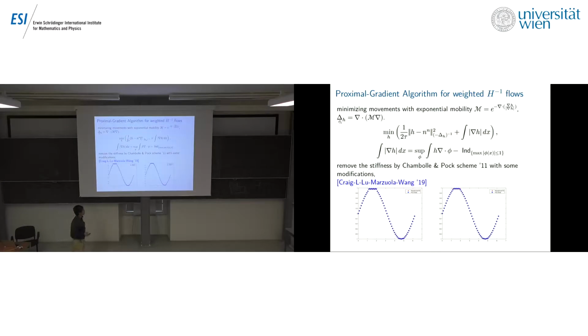Basically, the exponential is cast in terms of the Orlicz norm, in terms of the sup, with a slight modification: instead of L2 regularization, we have to use H1 regularization. Then it works like a charm. We're quite happy with the numerical method. With minimum movement involving mobility, except for the constant mobility by JKO, all other mobilities are very hard to handle in analysis, PDE or numerics. So that works nicely.